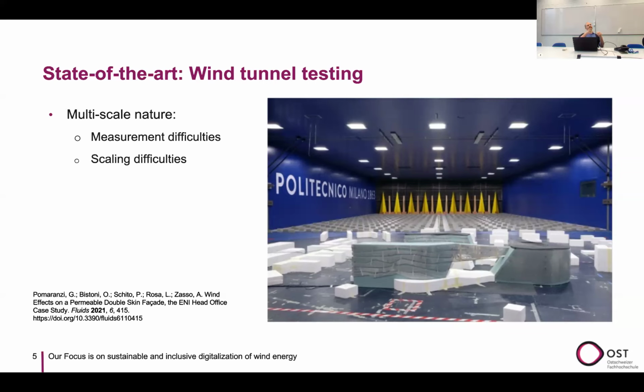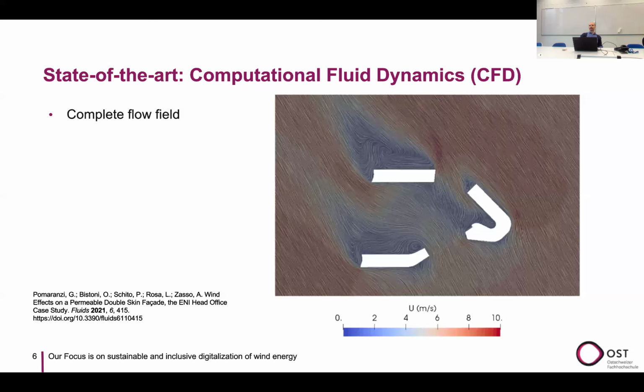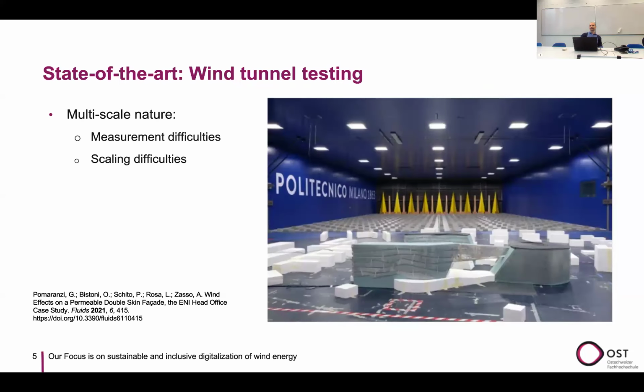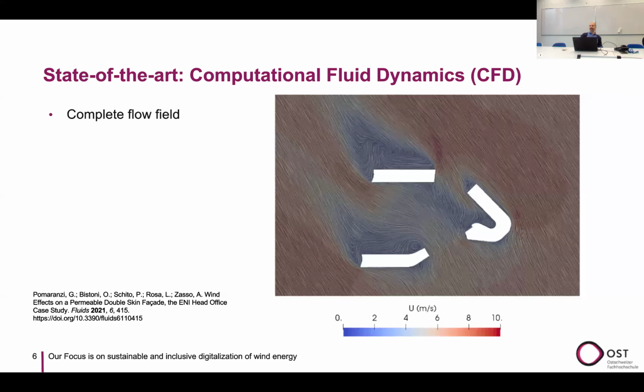For example, the openings are still big, so the pressure is not uniform. So the pressure sensors on the facade behind this double skin might not measure what would actually be happening in the full scale structure. This is an example, actually, a picture from the Politecnico di Milano tunnel, which is one of the biggest tunnels there.